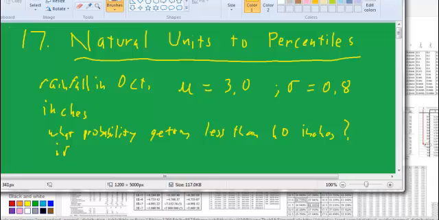Or if we get 4.5 inches, what percentile are we in? That is, what percentage of months of October will we see less than or equal to 4.5 inches?